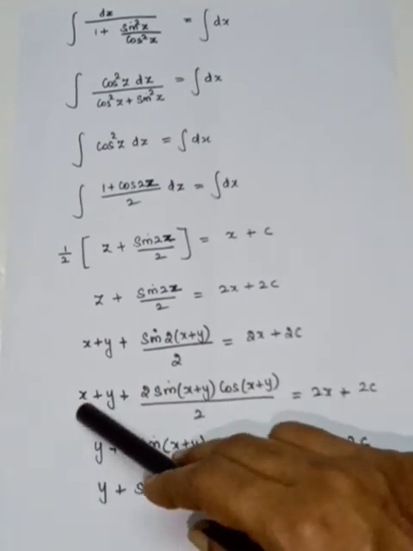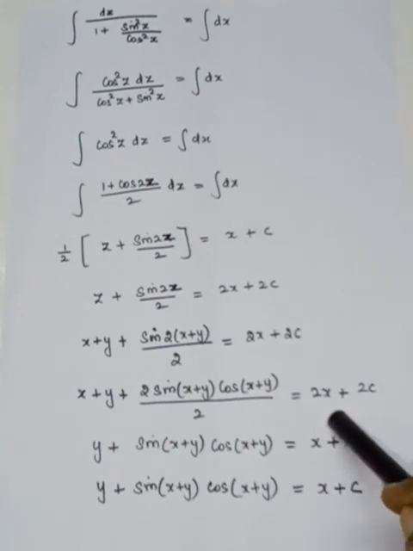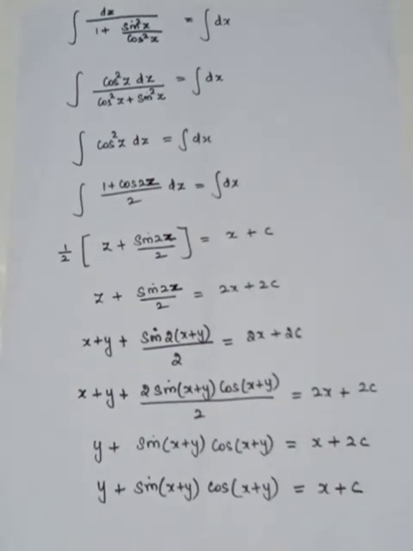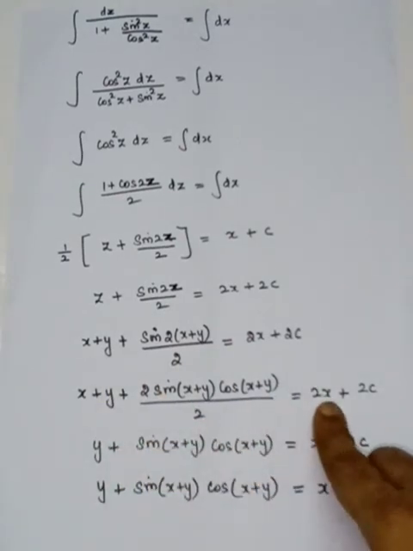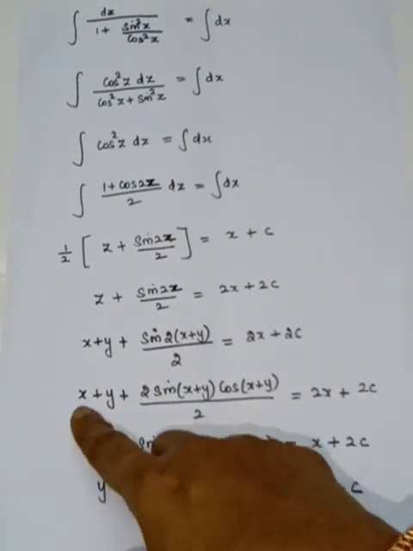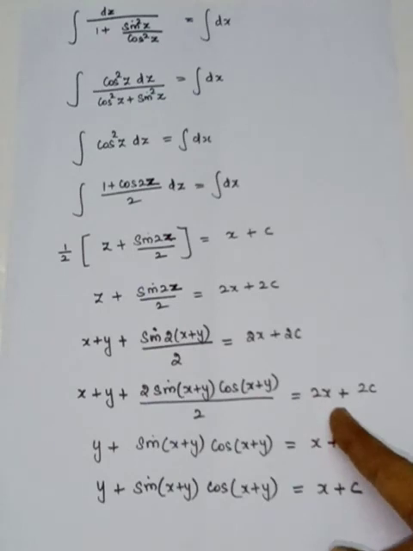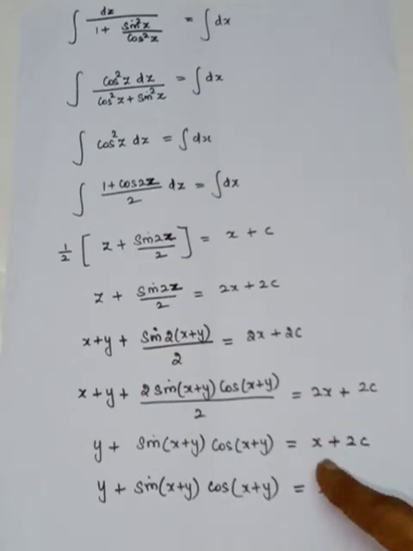If you bring this x to the right side, it is 2x minus x, which is x, plus 2c. This 2c is a constant, we can take it as c. So the answer is y plus sin of x plus y cos of x plus y is equal to x plus c. Thank you, students.